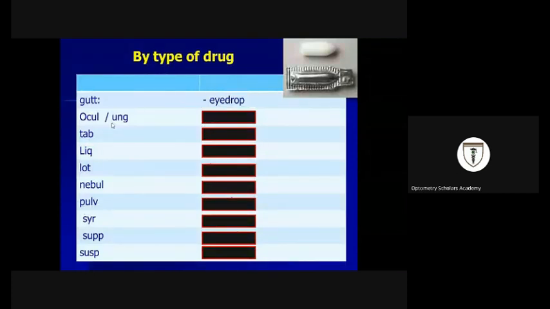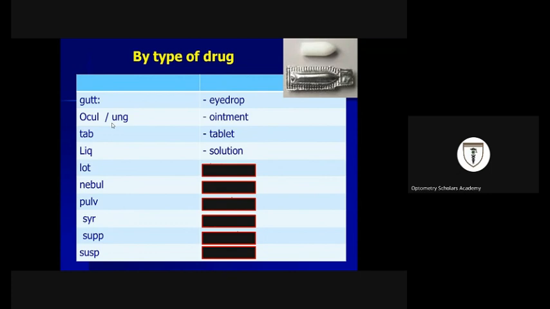So GTT is eye drop, OCUL or UNG means ointment. When you see OCUL UNG chloramphenicol, it means chloramphenicol eye ointment. When you see TAB ciprofloxacin, it means ciprofloxacin tablets. When you see LIQ, it means solution.